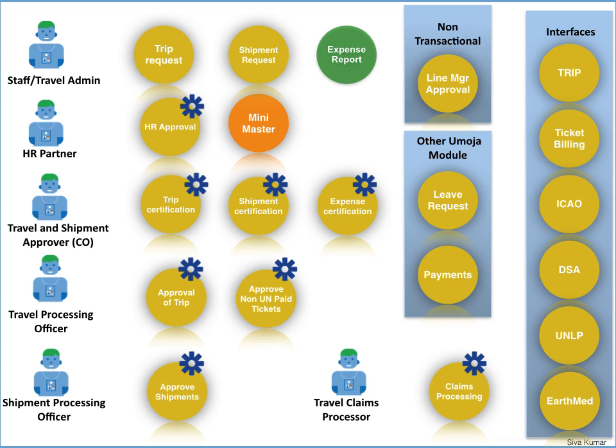So there is no specific user side enterprise role related to interfaces. And some of the interfaces are the trip, which is the security clearance, and you have a vendor ticket billing interface, and you have ICAO, which is for recording the carbon footprint, and you have a DSA interface, UNLP interface, and EarthMed for your medical services.